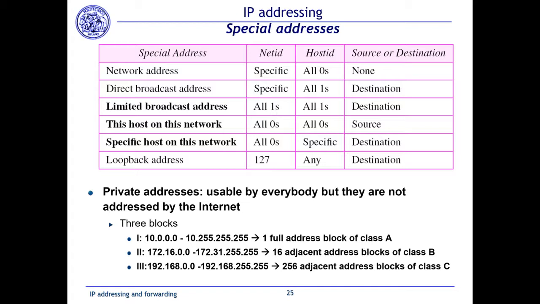There is one block in class A that is identified by the first byte at 10. Then there are 16 blocks in class B, going from 172.16 to 172.31, and 256 blocks in class C, starting with 192.